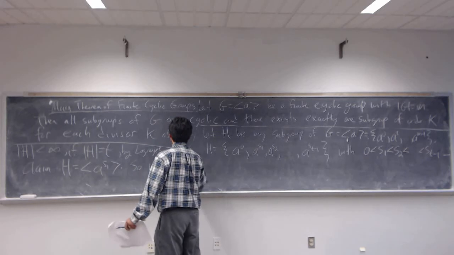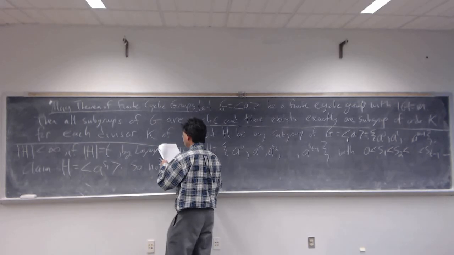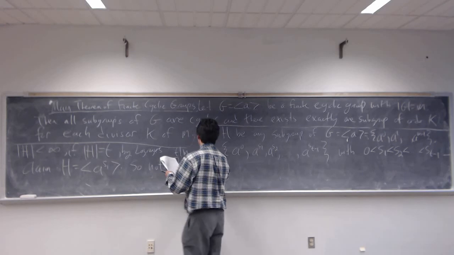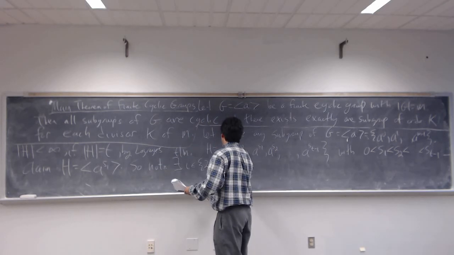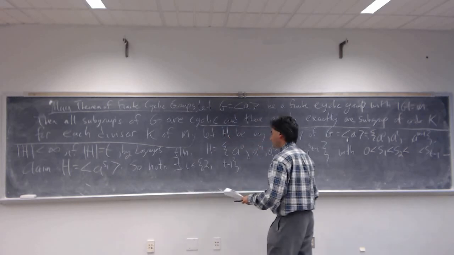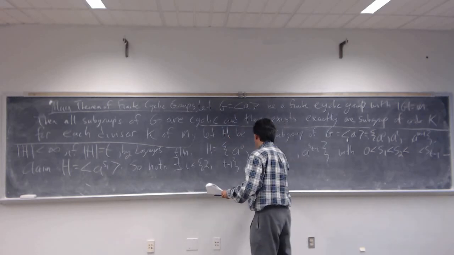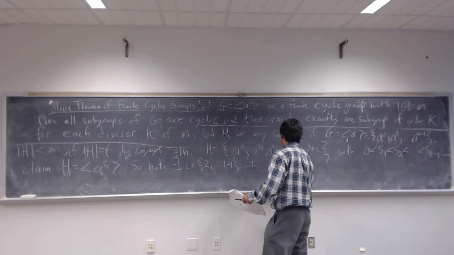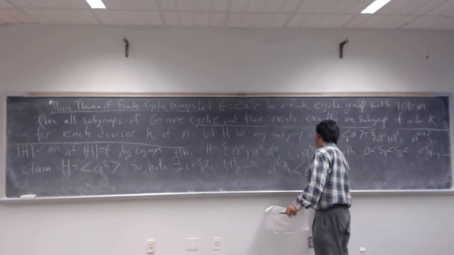What does that mean? It means there exists some index i between 1 and t minus 1 with a to the s_i not in the subgroup generated by a to the s1.